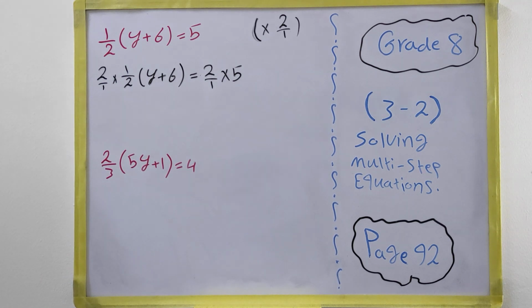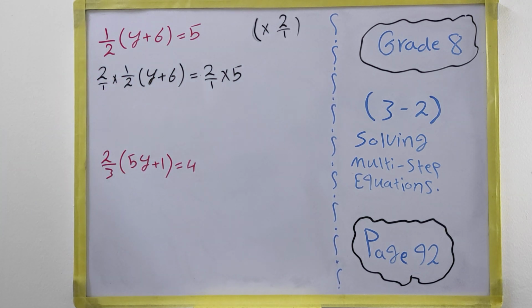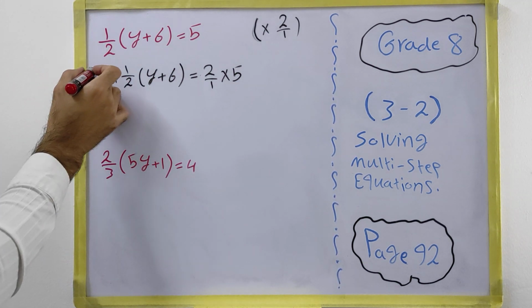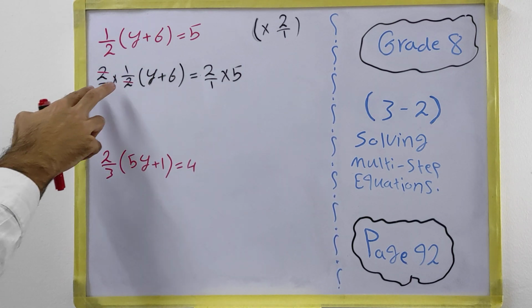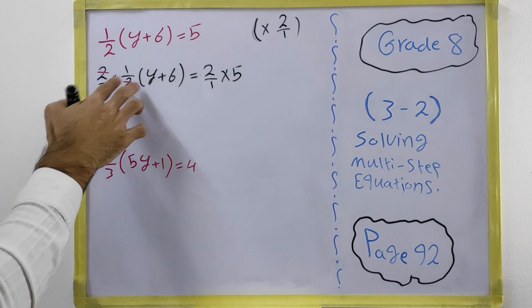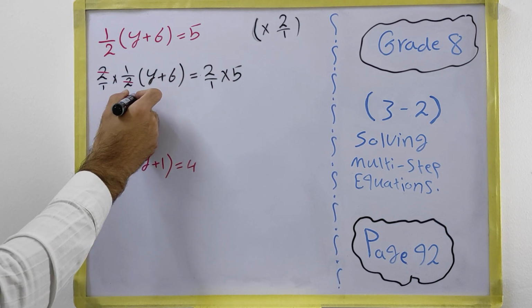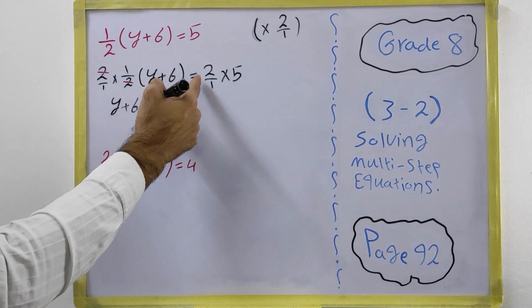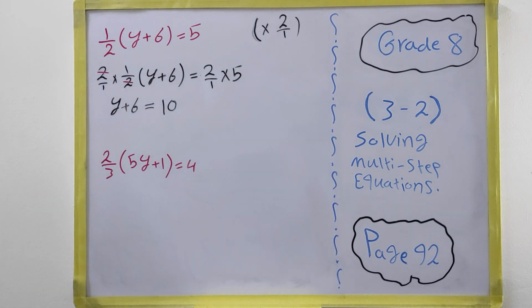Now if we have one of them in the upper part and one in the lower part, you can simplify and cancel them. It will be just 1. We simplified, and 1 multiplied by this bracket is the same: y plus 6 equals 10 over 1, which is 10.